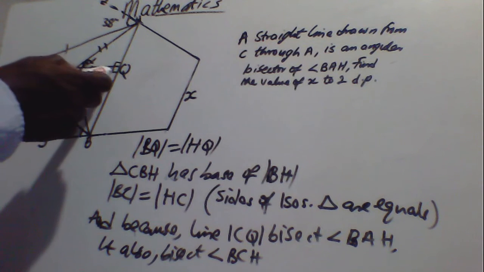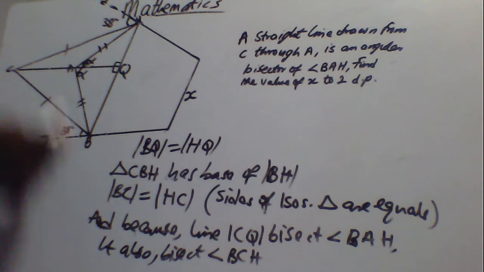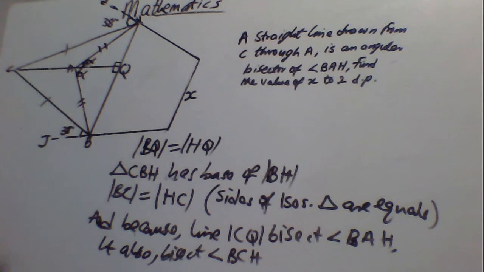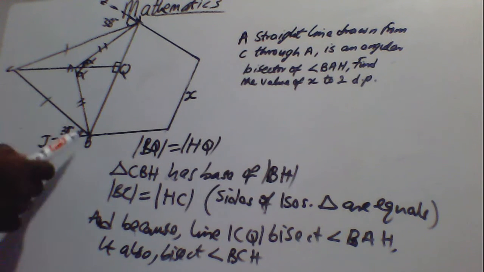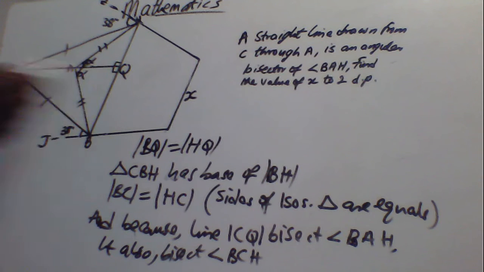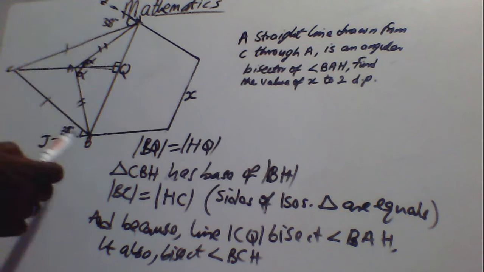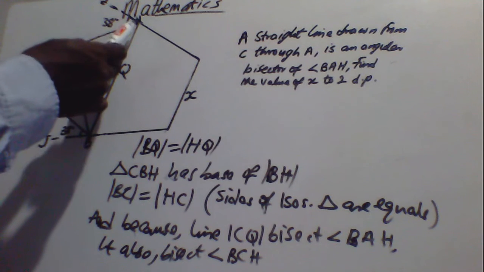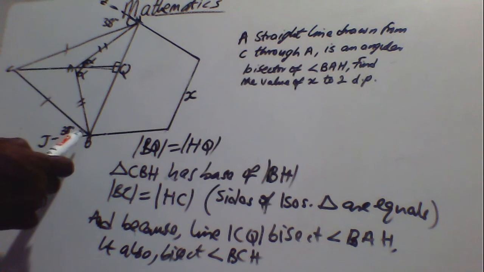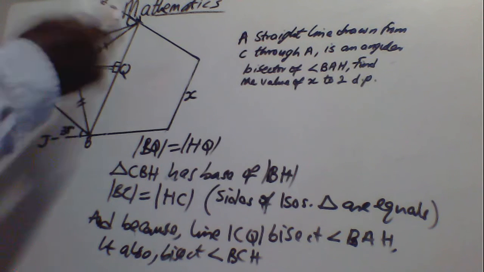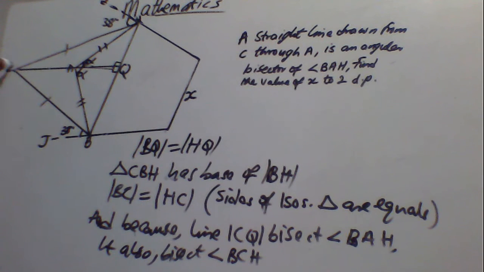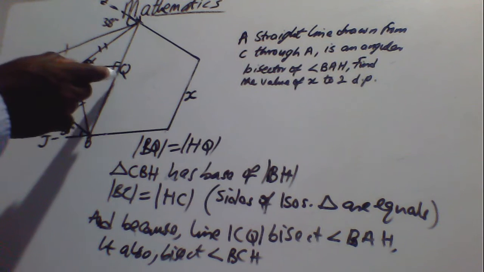Since CH is an angular bisector of triangle BAH, such that angle BAH is bisected by line CQ, because AB is equal to AH, this angle bisector is perpendicular to line BH, and BH is also a base side of triangle BCH, and this is only a straight line that passes through them.